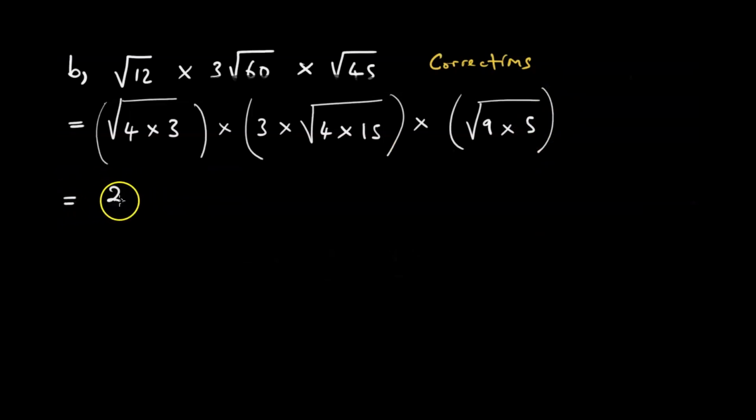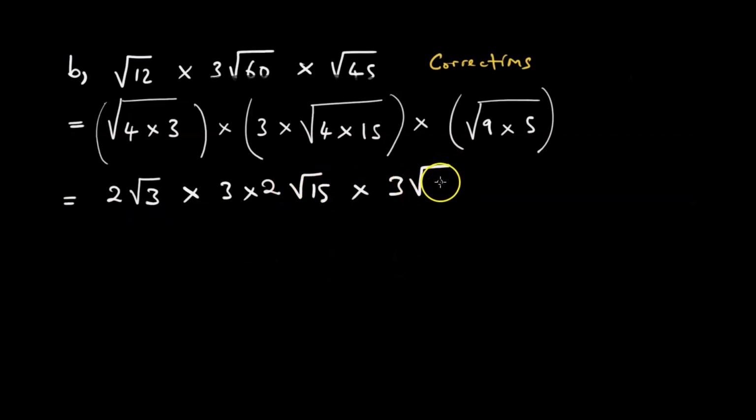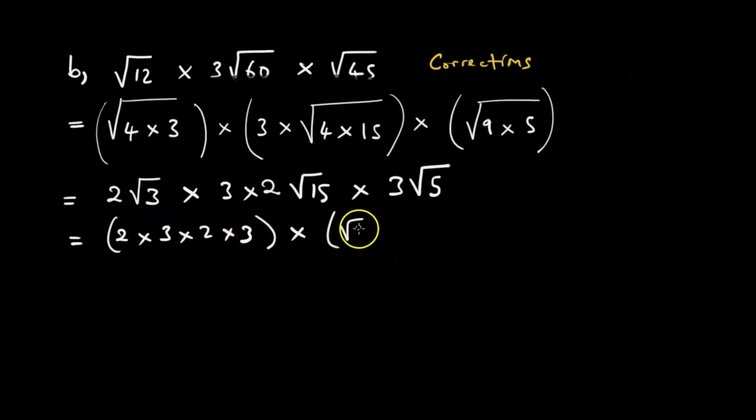From here it becomes 2 root 3 multiplying 3 times 2 root 15 multiplying 3 root 5. We multiply the numbers on their own, 2 times 3 times 2 times 3, and multiply the square root of 3 times the square root of 15 times the square root of 5.